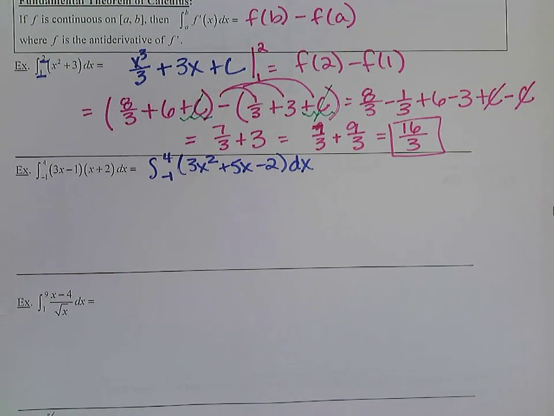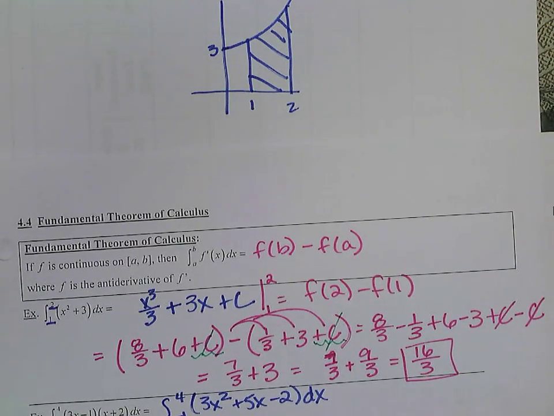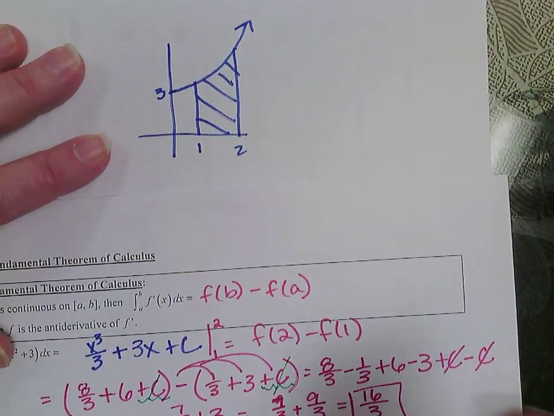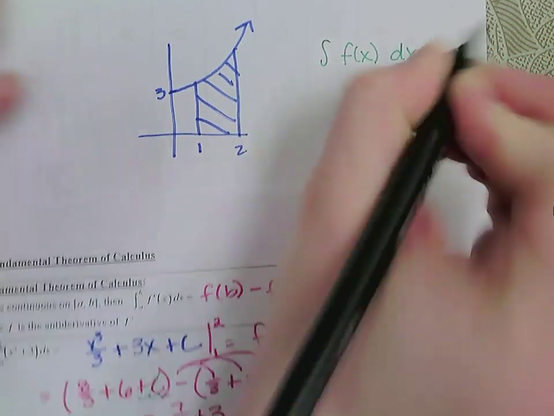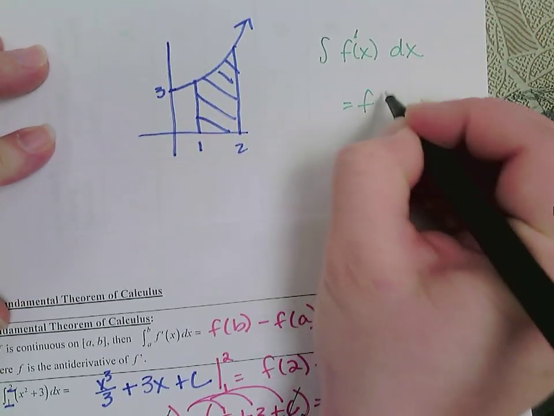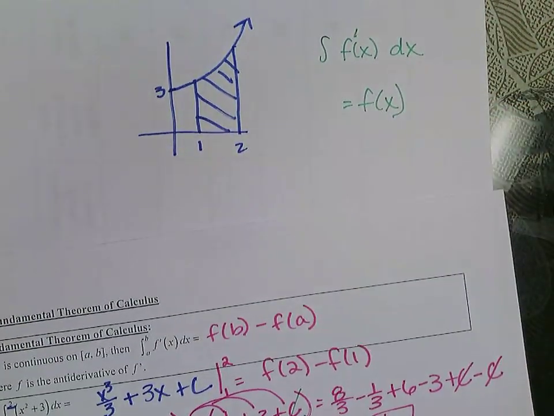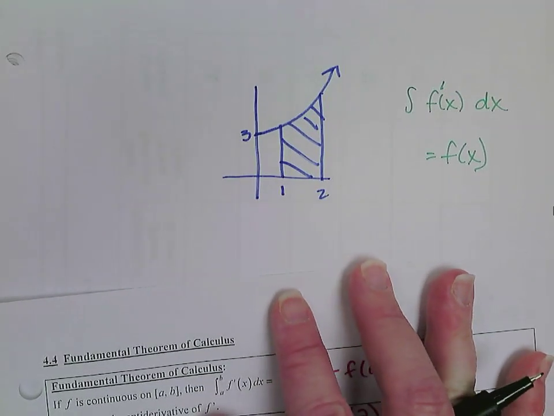By the way, one of the questions that I've seen a few people ask, and I don't know if anybody in here has asked it, but I get asked, what happened to the dx?